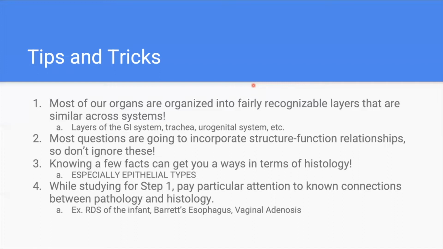Smooth muscle is not under voluntary control. Those types of structure function relationships, identifying something on a histology slide, and then being able to transfer that onto a physiological response, etc. Those structure function relationships are really the bedrock of histology and how it's very easily testable when it comes to the Step 1 exam.